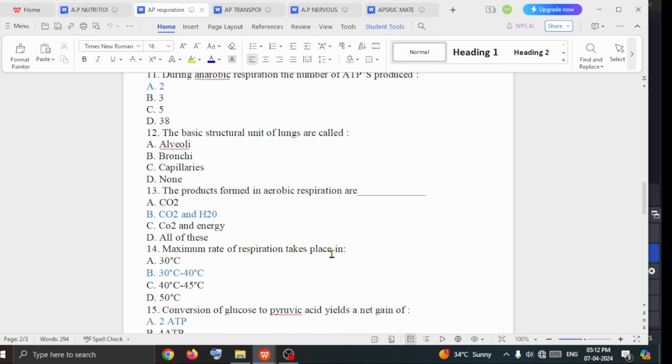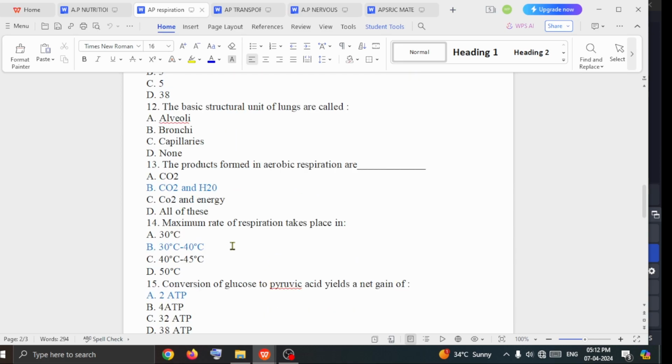The maximum rate of respiration takes place in. At what temperature is the maximum rate of respiration taking place? That is the meaning of this question. Option A, 30 degrees. Option B, 30 to 40 degrees. Option C, 40 to 45 degrees. Option D, 50 degrees.